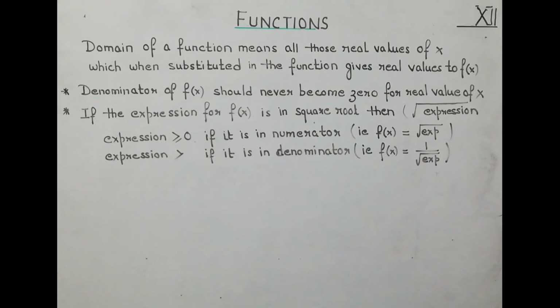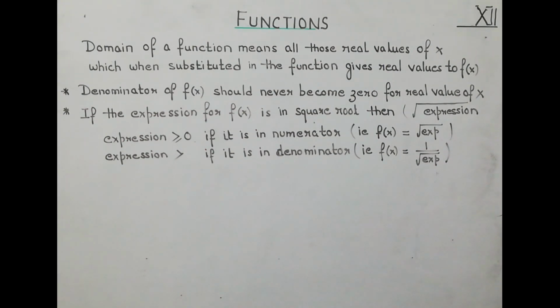So we have to keep this in mind, that there should be no value of x which makes the denominator 0. If there is any such value of x which can make the denominator of f(x) 0, so that the value of f(x) is undefined, then we have to take away that value of x.